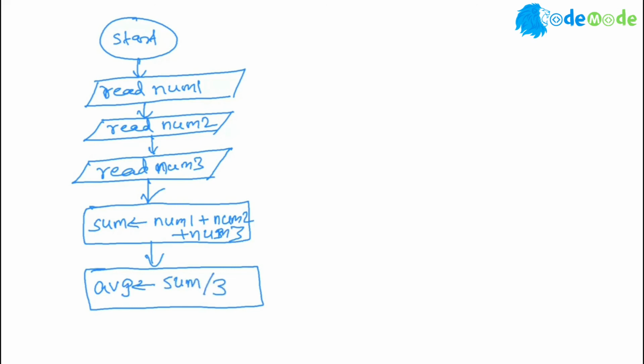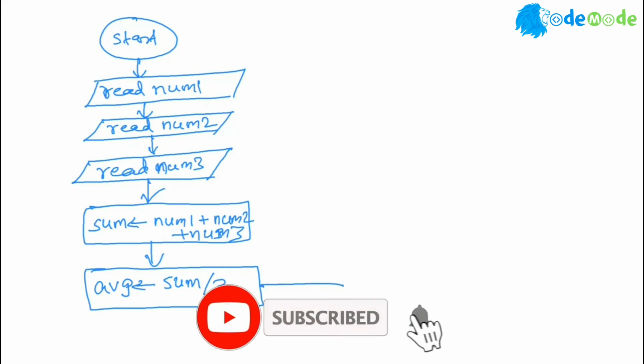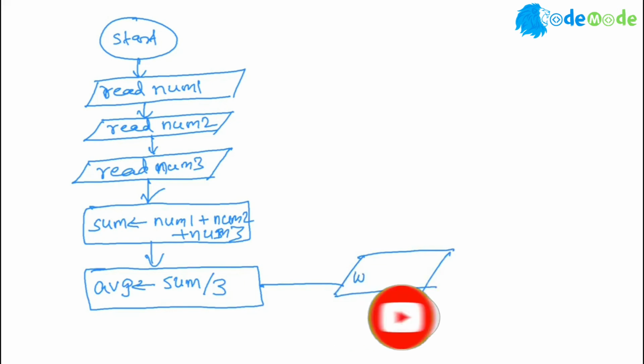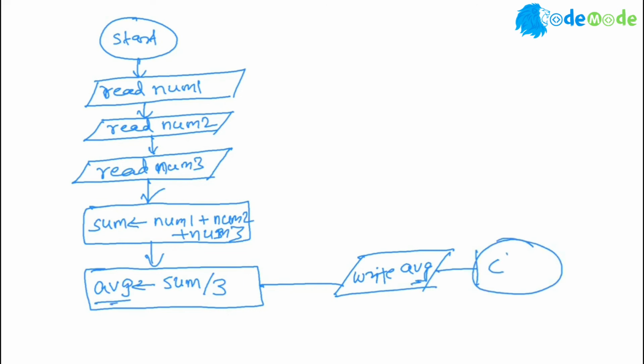In the previous step I calculated the sum; in this step I calculate the average by dividing by 3. Then I want to print it, so I put a parallelogram and say write, or you can also say print, AVG, because AVG is the output. Then an oval that says end, with arrows connecting all of these.